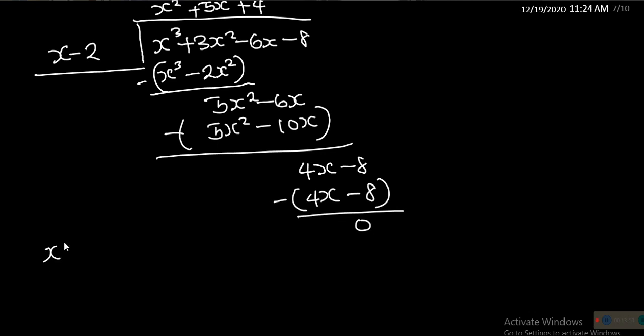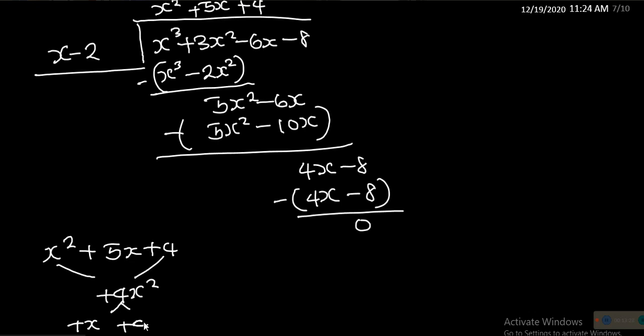So x squared plus 5x plus 4 can be factorized. If you multiply the first and the last, you have plus 4x squared. What two numbers can you multiply to have 4x squared and add to have 5x? That will be plus x and plus 4x.